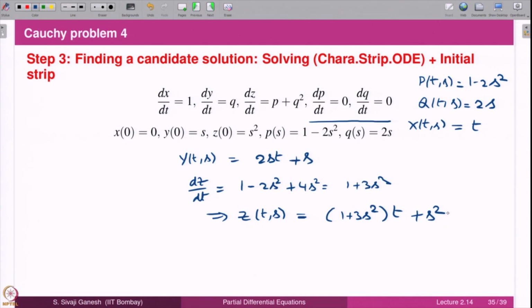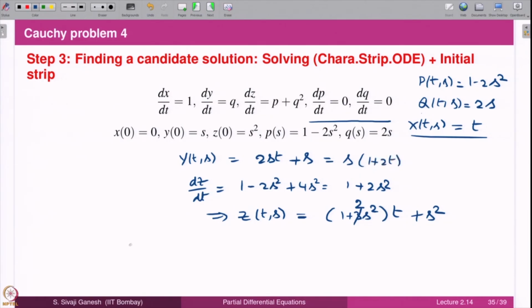Oh, sorry, this is not 3, it is 2. So, this is not 3, it is 2, 1 plus 2s square. So, t is here, s is here. From here we can get for s, this is s into 1 plus 2t.